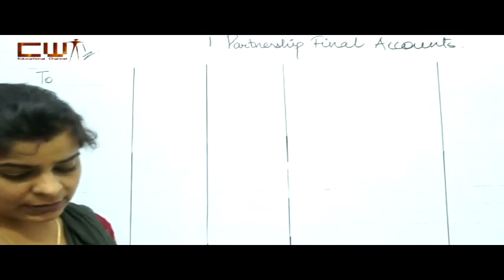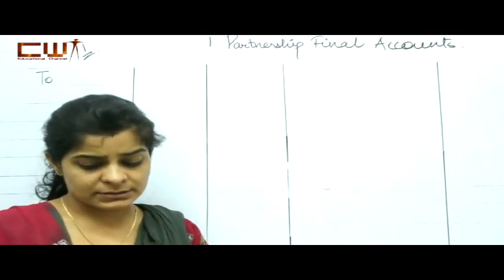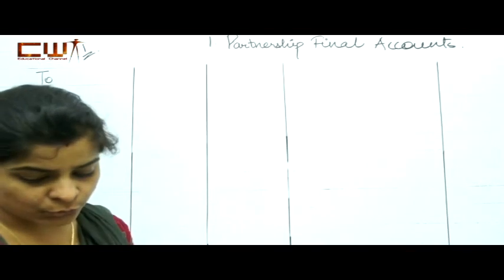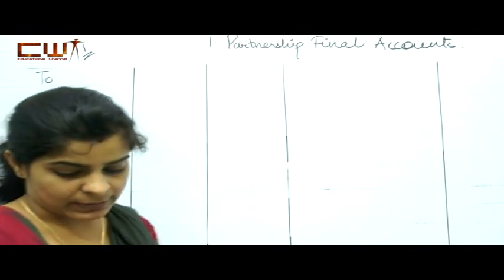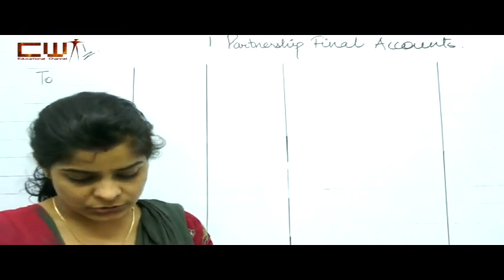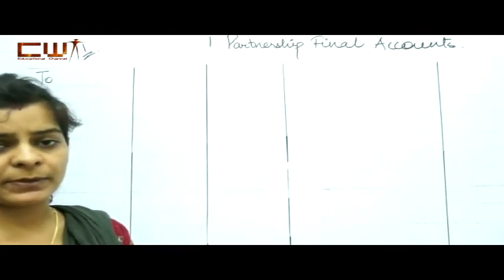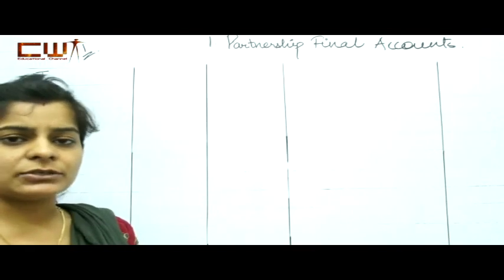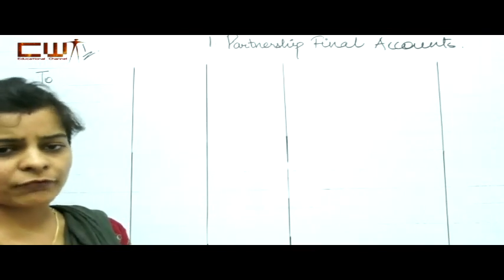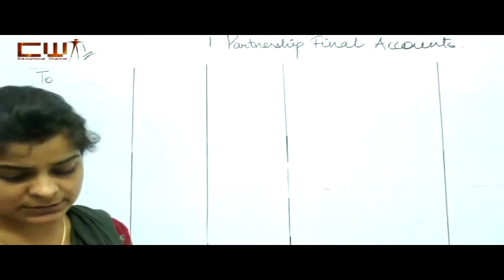Let's start off with the adjustments as well as the trial balance. Whichever adjustments are given to you, you just mark them in your trial balance. Suppose the first is the closing stock. Whatever adjustments are given will appear twice: either in the trading account or profit and loss account, and in the balance sheet, which is a must.